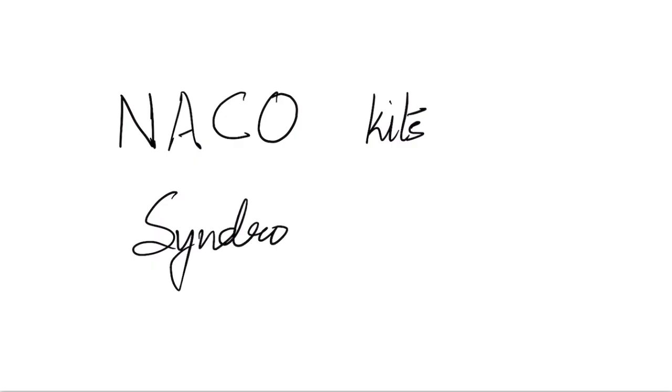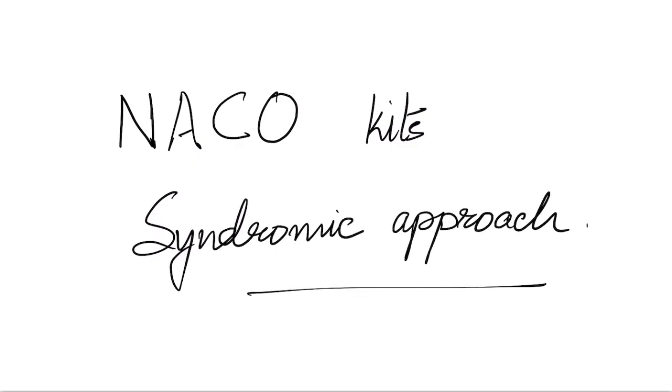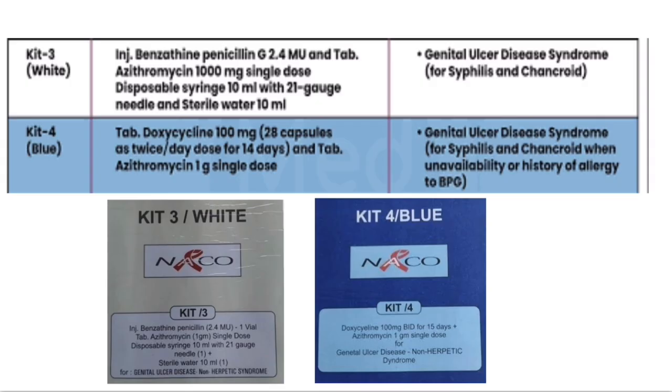Now we'll move on to the syndromic approach for genital ulcer disease according to the National AIDS Control Organization. So kit 3, which is white, and kit 4, which is blue, are for these genital ulcer disease, which is either syphilis or chancroid. They are non-herpetic ulcers.